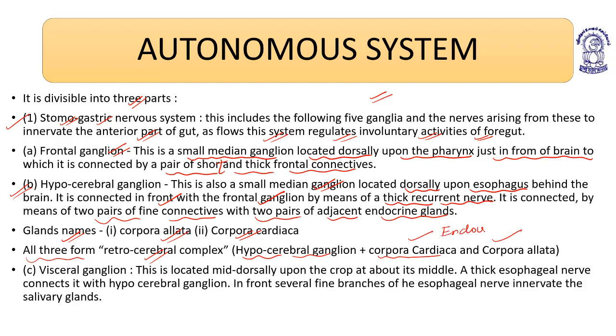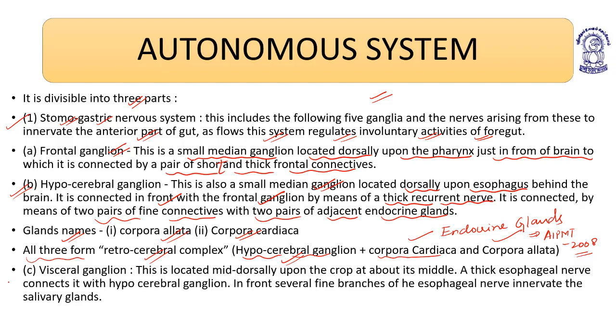This was asked in the All India Pre-Medical Test 2008. The retrocerebral complex includes the hypocerebral ganglion along with the corpora cardiaca and corpora allata. So these two endocrine glands along with the hypocerebral ganglion form a retrocerebral complex.